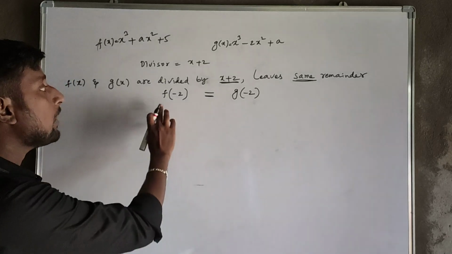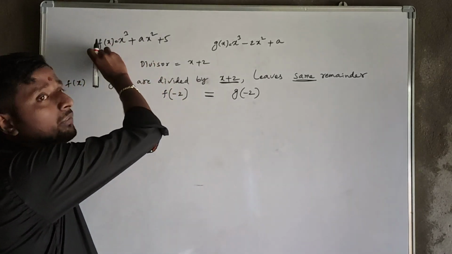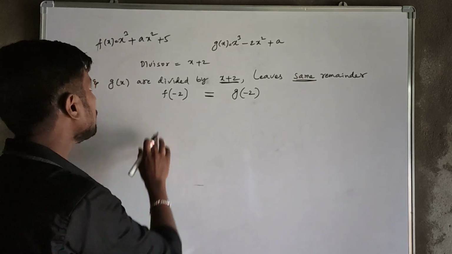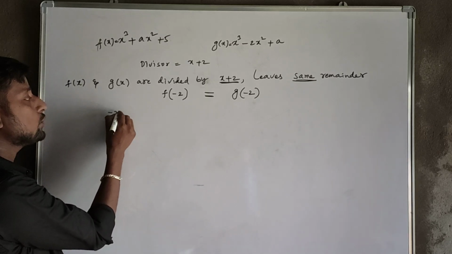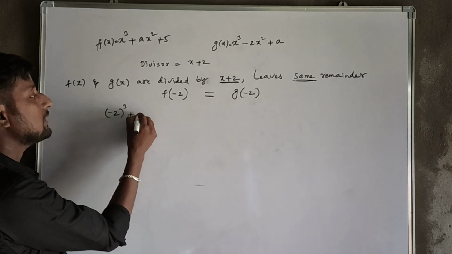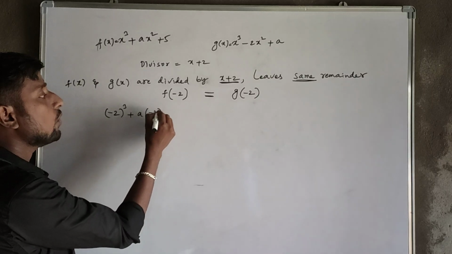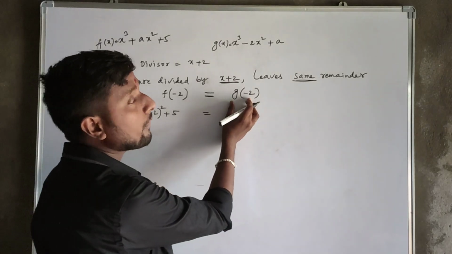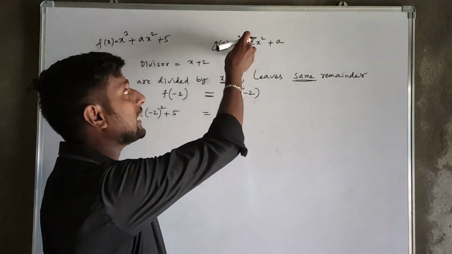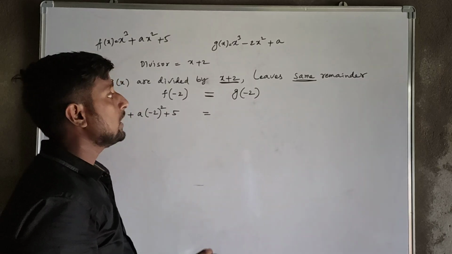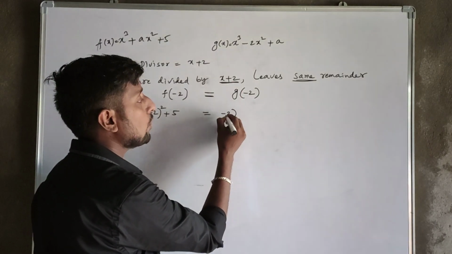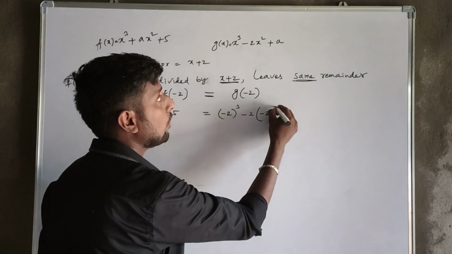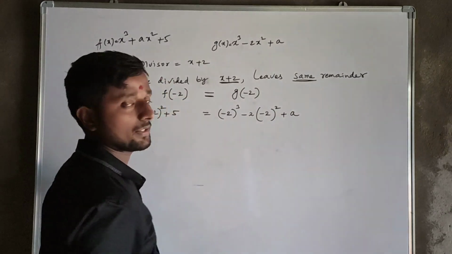Correct? Now f of minus 2 is nothing but wherever there is x in the first polynomial, we substitute minus 2. Now I'll write minus 2 whole cube plus a into minus 2 whole square plus 5. That is equal to g of minus 2. g of minus 2 is nothing but in the second polynomial I am substituting minus 2. So here I'll write minus 2 whole power 3 minus 2 into minus 2 whole square plus a, as it is.